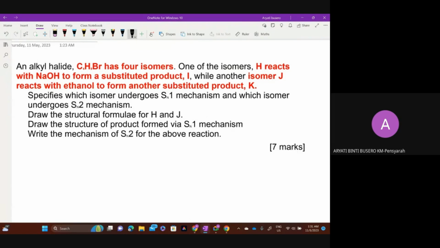One of the isomers H react with NaOH to form a substituted product I, while another isomer J react with ethanol to form another substituted product K. So first question A, specify which isomer undergo SN1 mechanism and which isomer undergo SN2 mechanism. B, draw the structural formula of H and J. C, draw the structure of product form via SN1 mechanism. And D, write the mechanism SN2 for the above reaction.